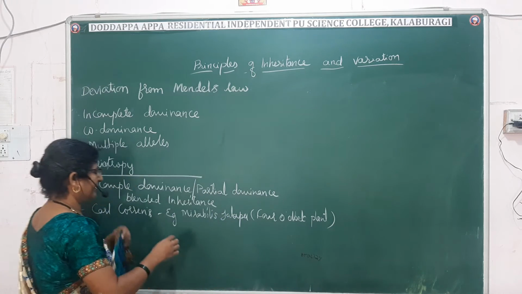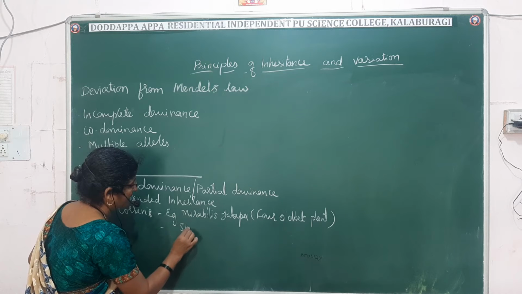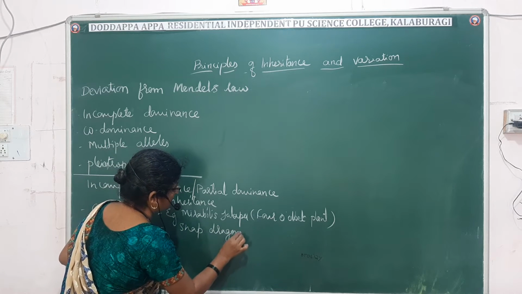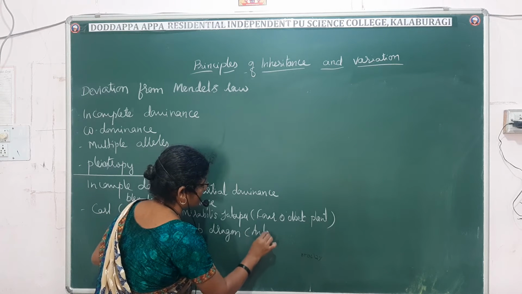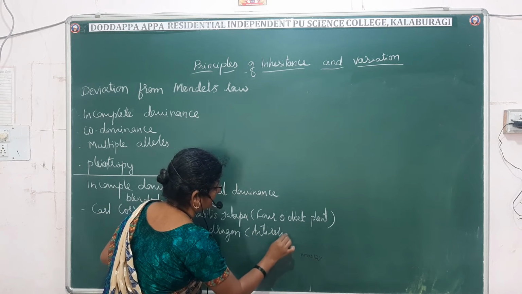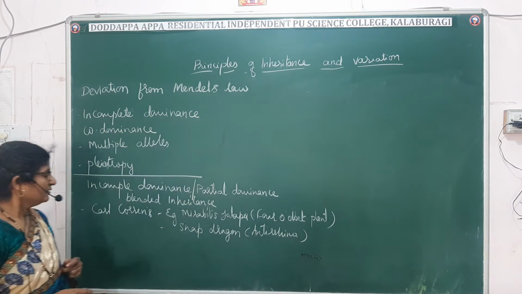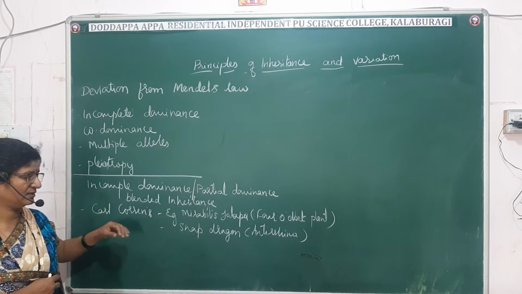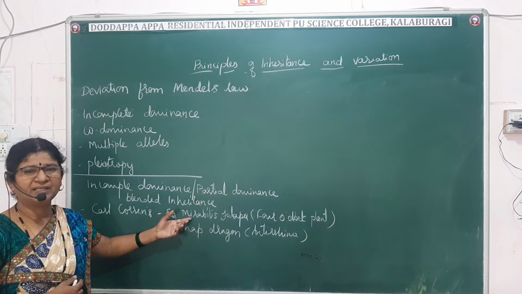And in the NCERT, the snapdragon flower is given as an example. Snapdragon, or you can say Antirrhinum species. So Karl Correns, for the first time, crossed the flowers of the snapdragon, or you can take Mirabilis jalapa.